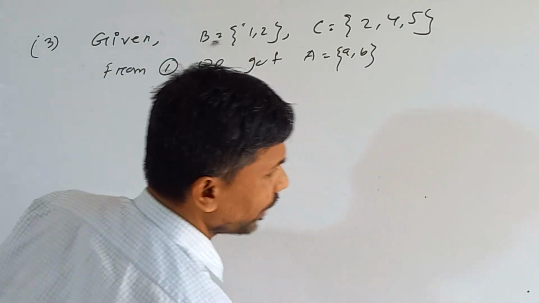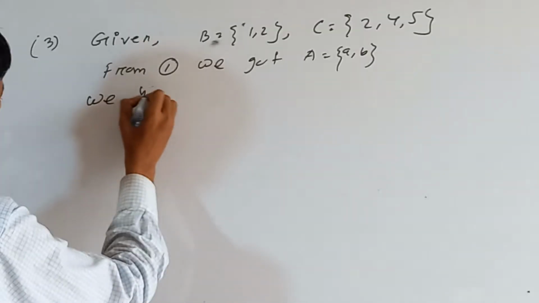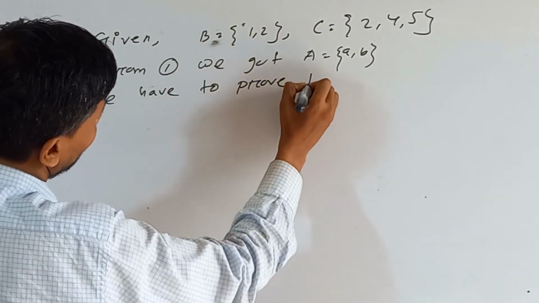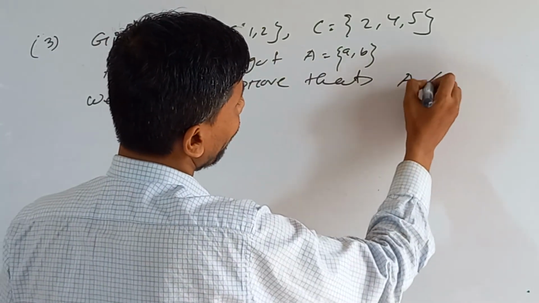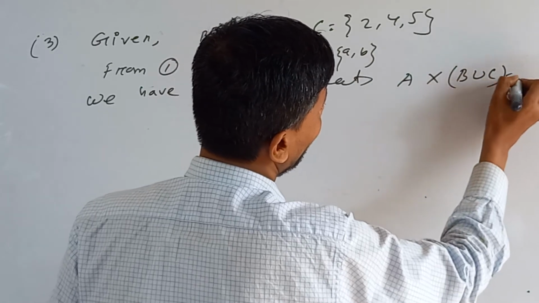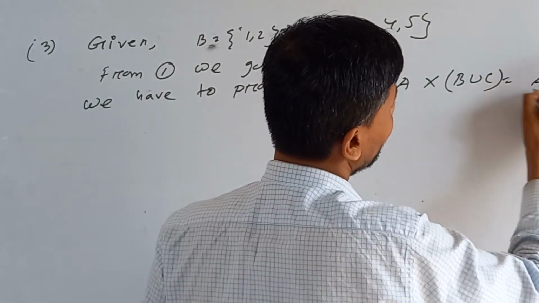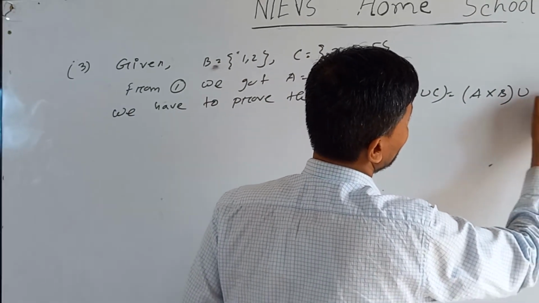Now we have to prove that A cross (B union C) equals (A cross B) union (A cross C).